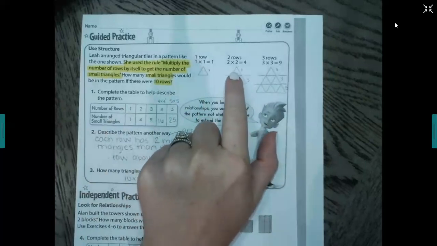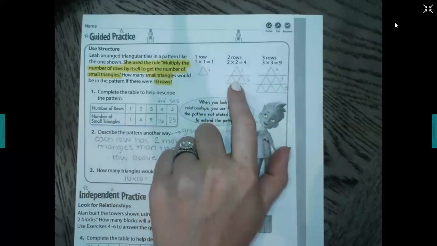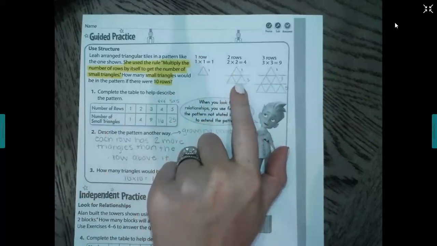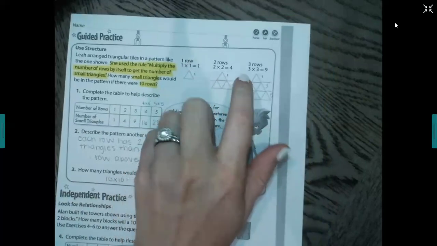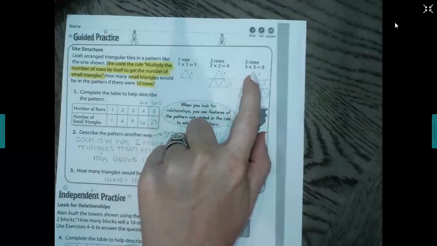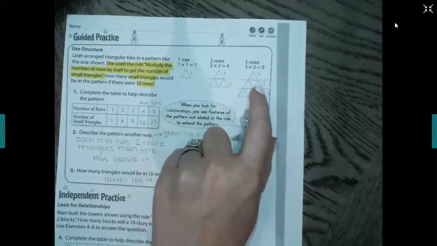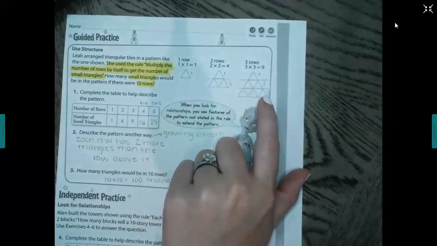For 2 rows, my first row has 1 triangle. My second row has 3 triangles. In my third row, I have 1 triangle in my first row. I have 3 triangles in my second row. And in my third row, I have 5 triangles.